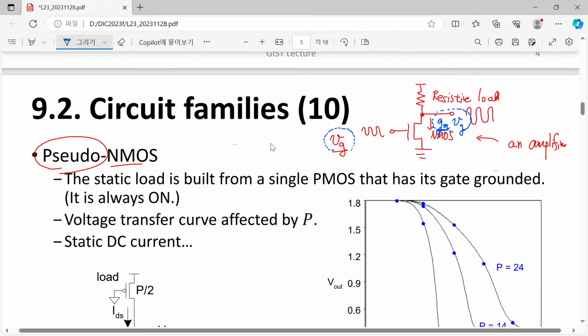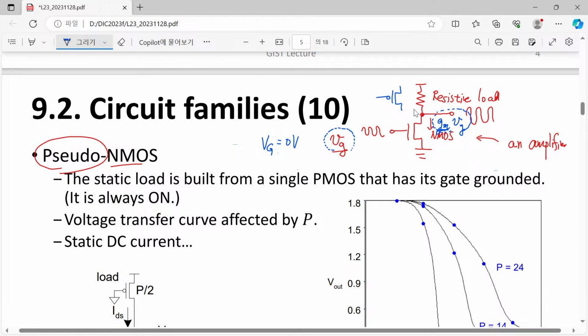If we apply just 0 volt, then this MOSFET is turned off. In the case of our CMOS implementation, there we have a highly driven PMOSFET, and this highly driven PMOSFET just drives our output voltage to VDD.